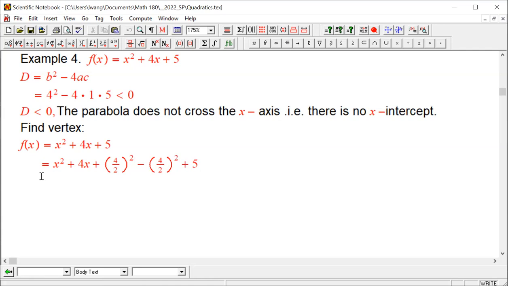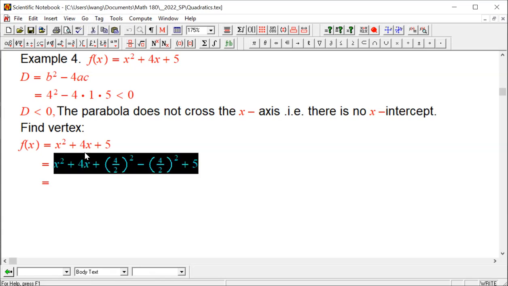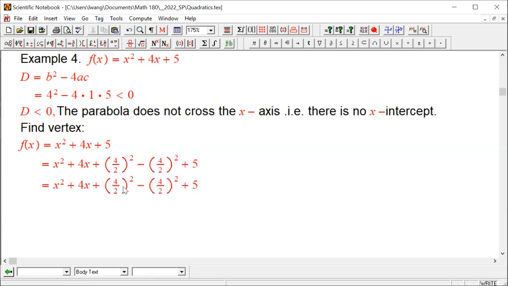We keep that equal sign. This is 2 squared, and that's minus 2 squared, so it's really 4. And we got a perfect square. So we get x plus 2 squared plus 1.